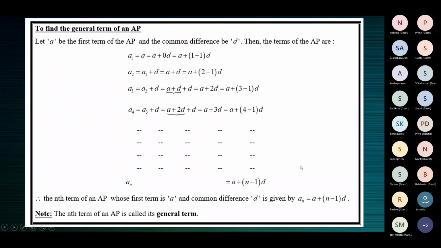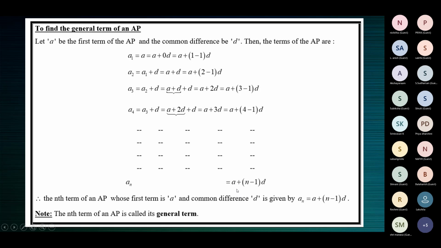All right, what I understand is I've explained the derivation once, right? Okay, all right, so we'll just recall this and then move on. So this is the formula to find the general term, meaning any term of the AP, which is also called the nth term of an AP.